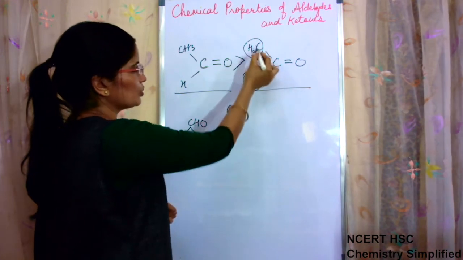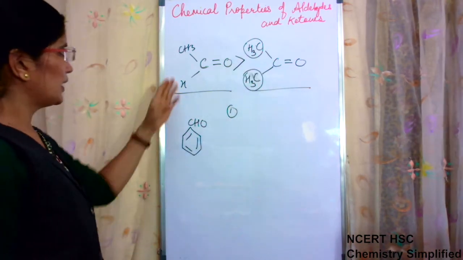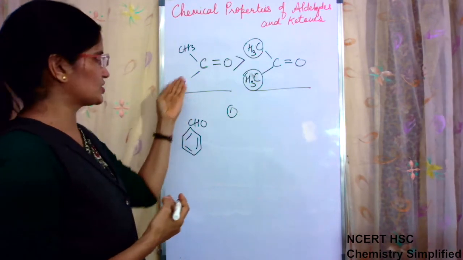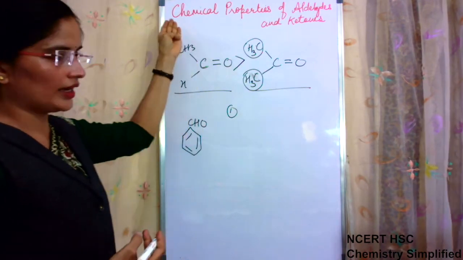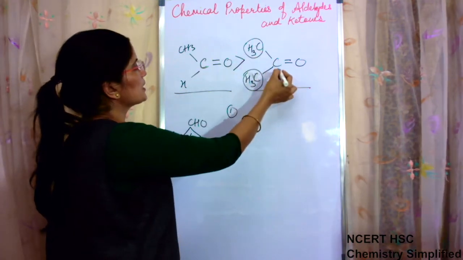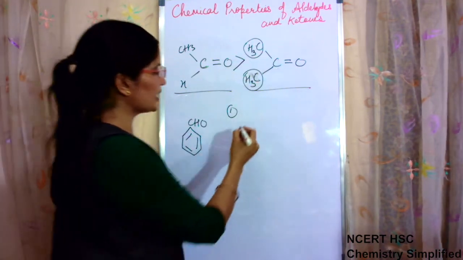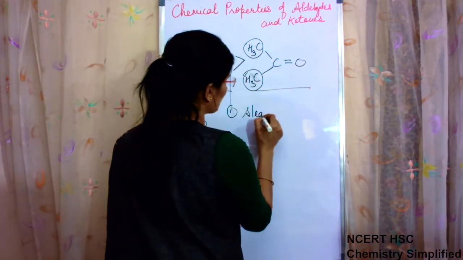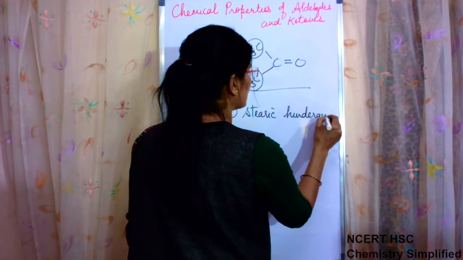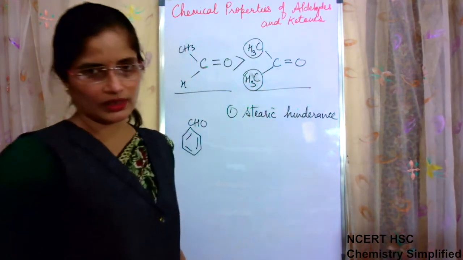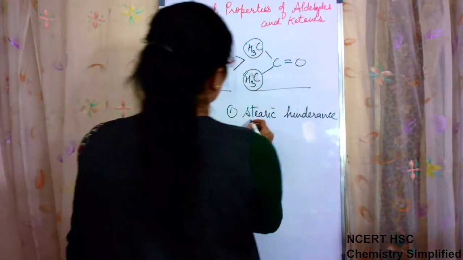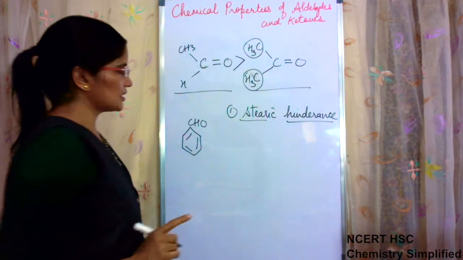In case of ketone, there are two bulky groups. In case of aldehyde, on one side there will always be H and on one side there will be an alkyl group. So because there are two bulky groups in case of ketones, steric hindrance will be there. So because of steric hindrance, ketones are less reactive.